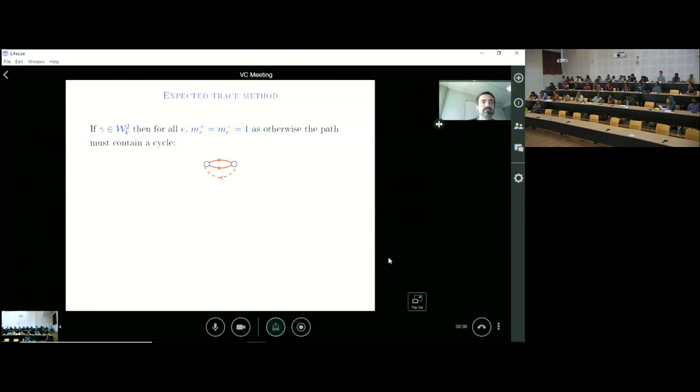Okay, another comment is that if you have a path which visits each edge exactly twice, and which is a tree, then you must visit each edge once in each direction. Otherwise, your graph will contain a cycle. I've made a picture to try to make it clear.